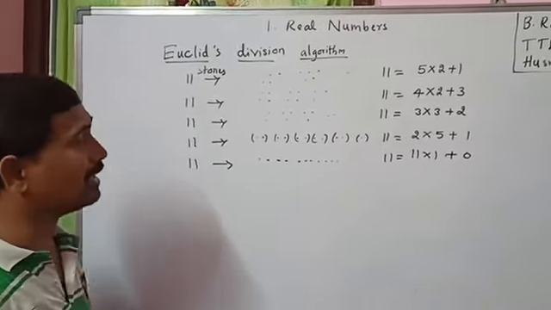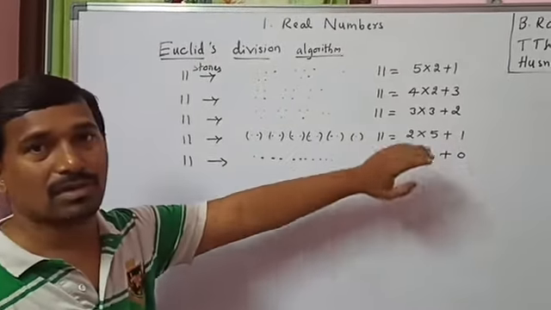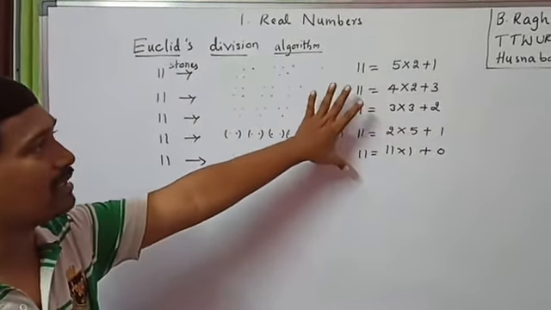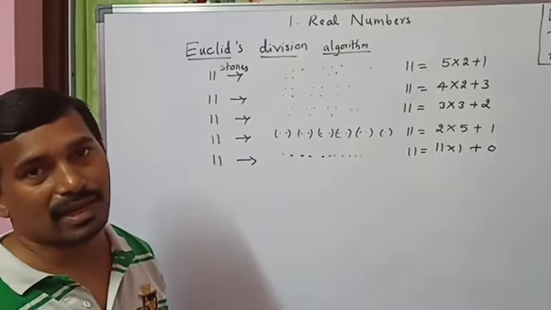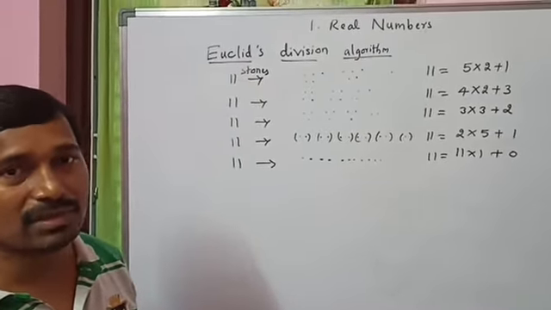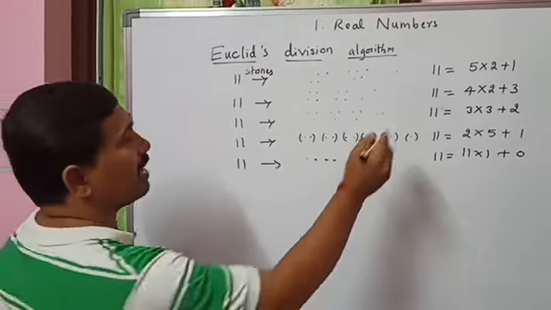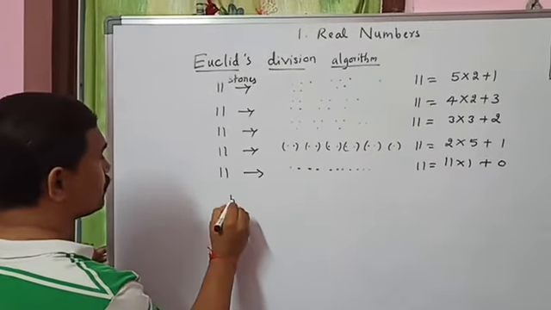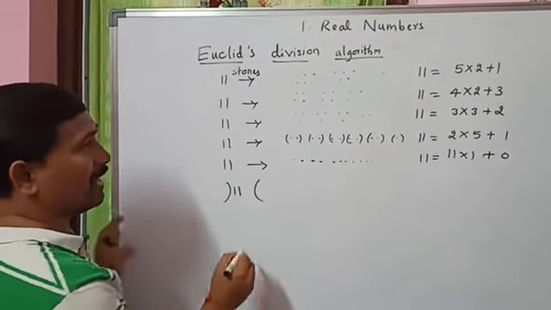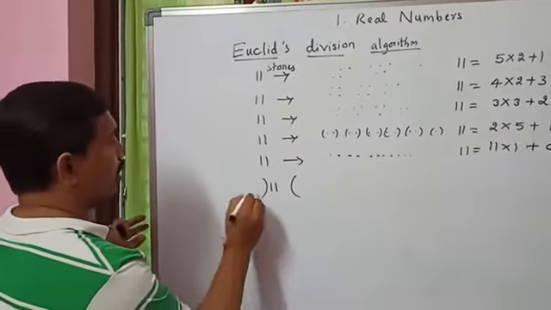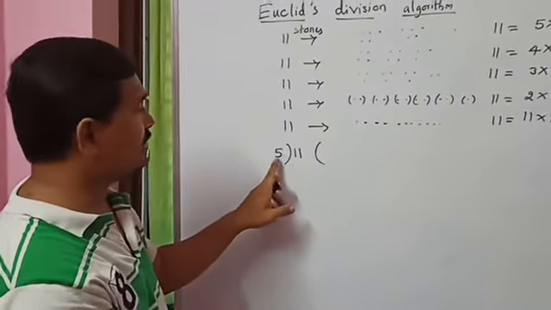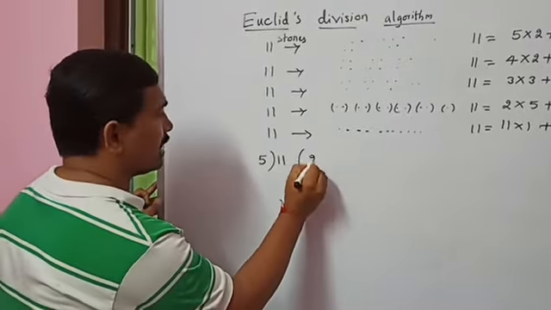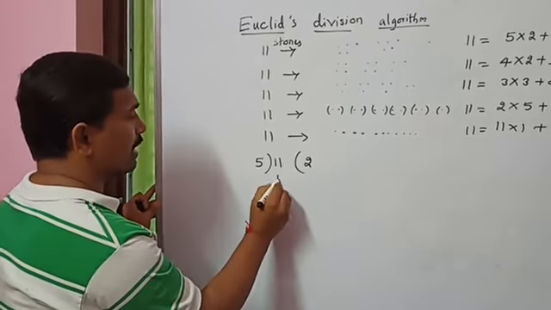So here you are getting these equations, and behind this there is a division algorithm. Let us see general division. For example, I am taking 11. If I divide 11 with 5, 5 2s are 10.